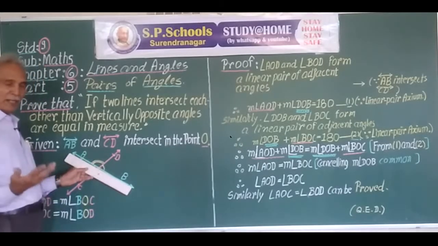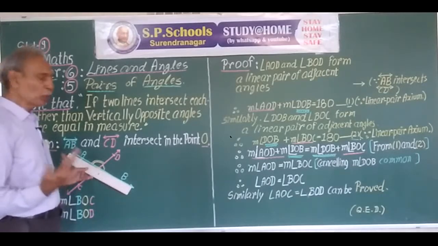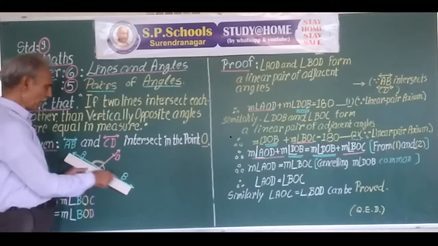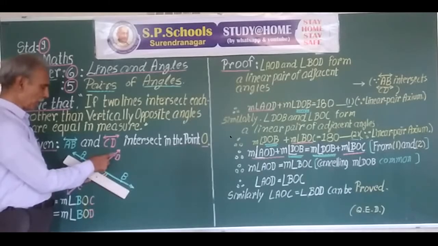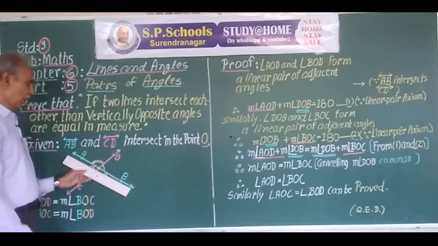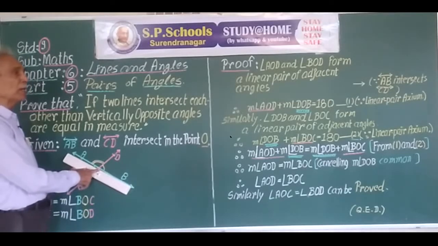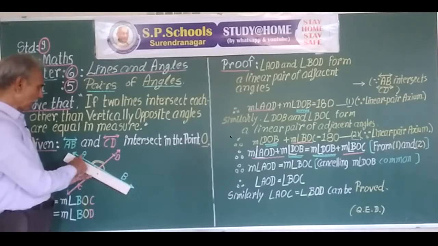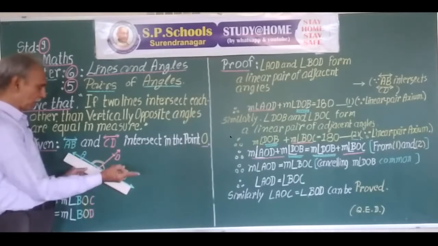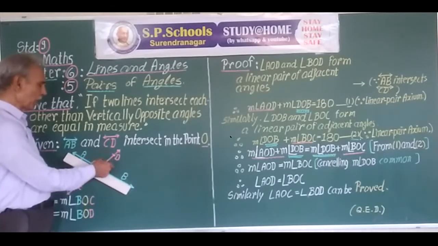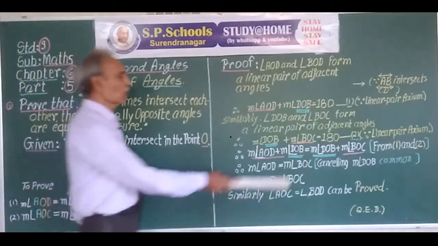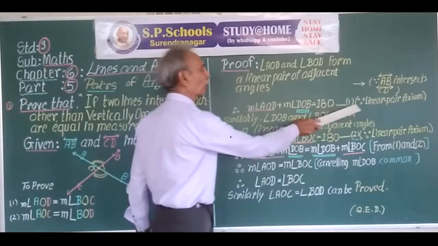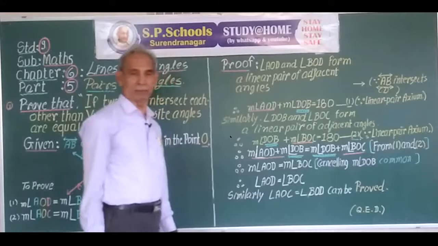We can name any angle in two ways, BOD or DOB, but the vertex should come in the middle of the three letters of the angle. So measure angle AOD plus measure angle BOD should be equal to 180 because of the linear pair axiom.